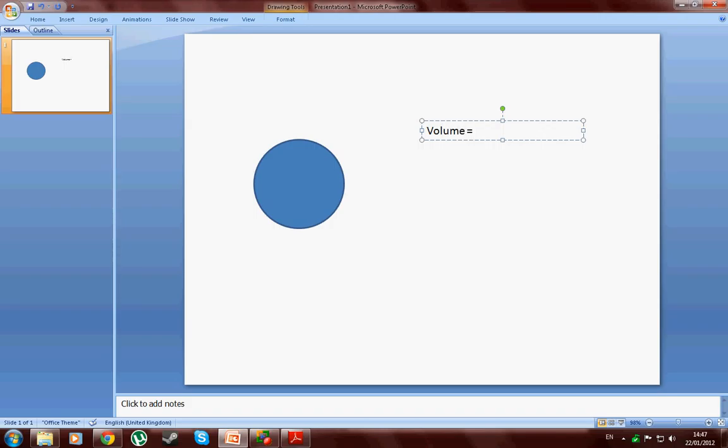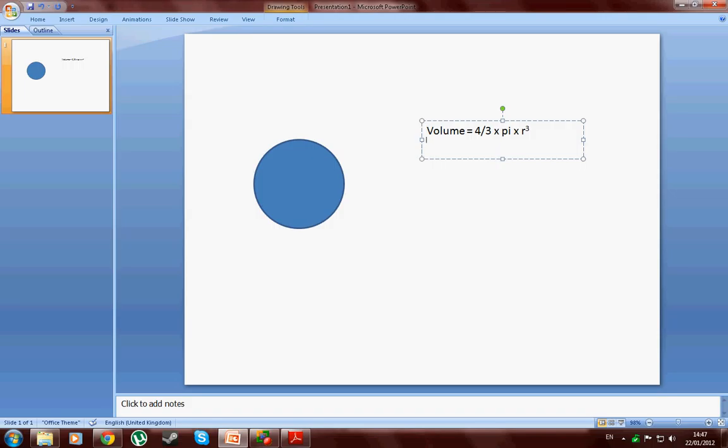Volume is, as a fraction, 4 over 3 lots of pi times radius cubed. Alright, now it might look a bit much at the moment, but let's just start sticking numbers in. Alright, superscript doesn't want to turn off.